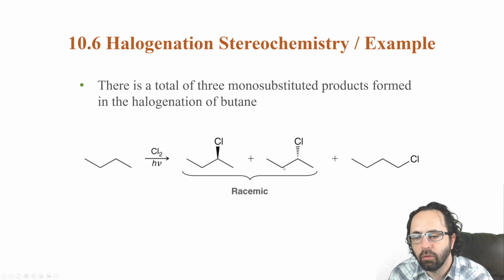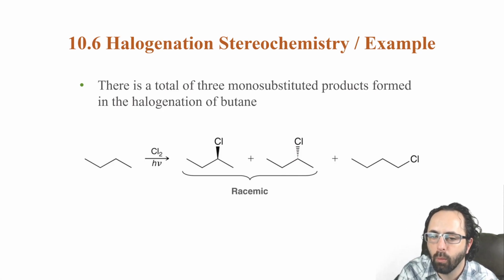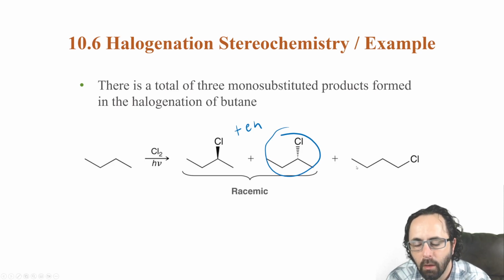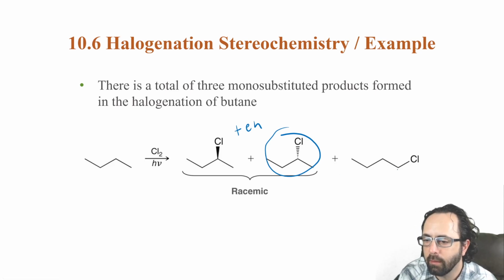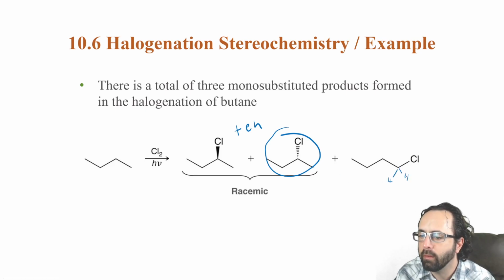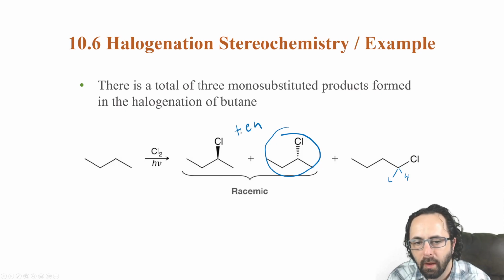So make sure to indicate, if you only write one, for example, and you don't write the second on my exams, you'll want to at least write that the enantiomer is there to indicate that you're going to get both stereoisomer products. Of course, this last carbon here is not chiral because it has 2 hydrogens attached, so we don't have to worry about that on the terminal carbon there.